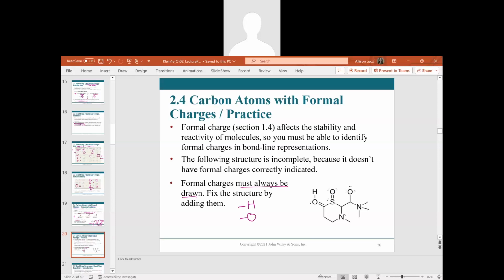Every oxygen should have two bonds and two lone pairs to have a full octet and be neutral. Every nitrogen would have 3 bonding pairs and 1 lone pair to be neutral. And so we'll do that for all of these atoms here.